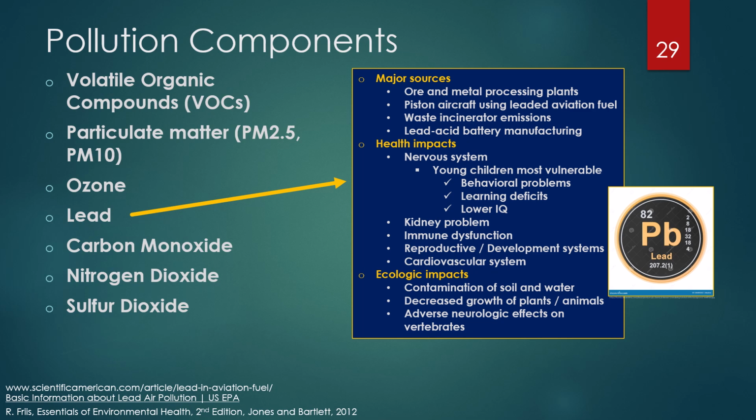Infants and young children are particularly sensitive to lead as a cause of behavioral problems, learning deficits, and lowered IQ. Air pollution containing lead may result in environmental contamination of soils and water and result in decreased growth and reproduction of plants and animals and neurological adverse effects in vertebrates.